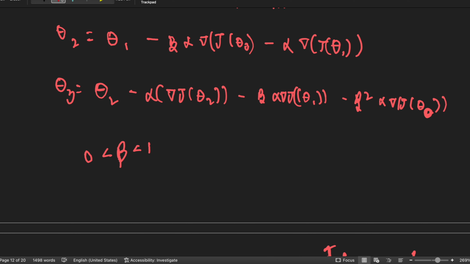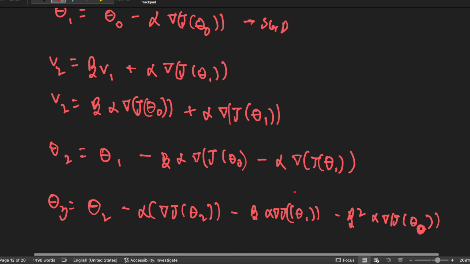So it will make the previous weights contribute lesser in a new weight updation. Beta square multiplied with the gradient at theta 0 will contribute lesser in theta 3, and even lesser in theta 4, and the pattern will go on.